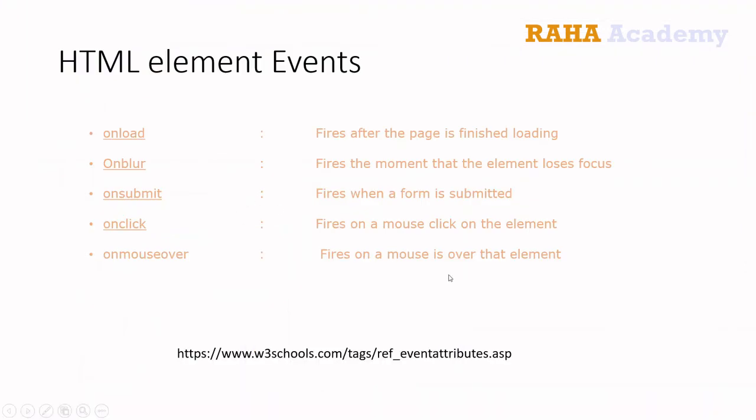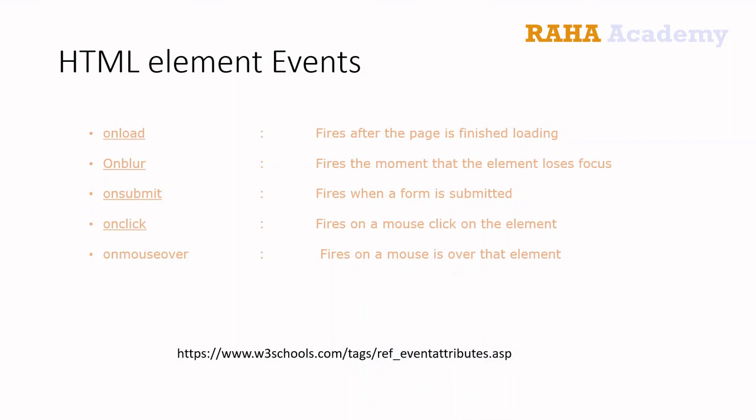OnBlur event is usually used in a form when we move out of some input element. So in case a user is filling the form and he has filled out one section and is moving into the second portion, then we might need to validate the values he has entered in the first one. So in such cases, we can use onBlur.